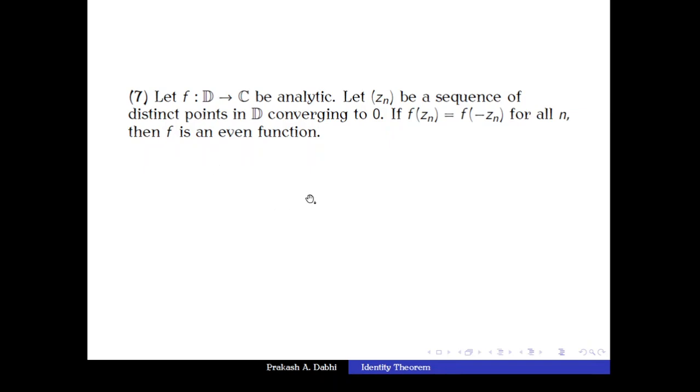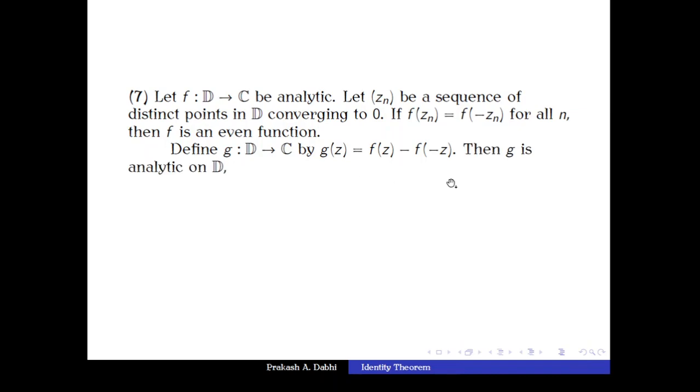Let us see how we do this. We define a function g from D to C by g of z equals f of z minus f of minus z. Our interest is to show that the function g is a zero function. Obviously f is analytic, minus z is analytic, so the composition is analytic, and therefore the function g is analytic.